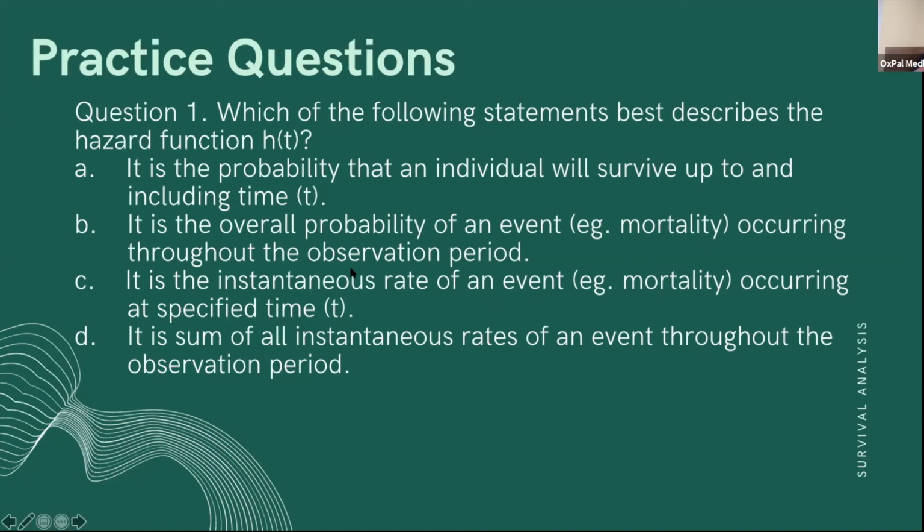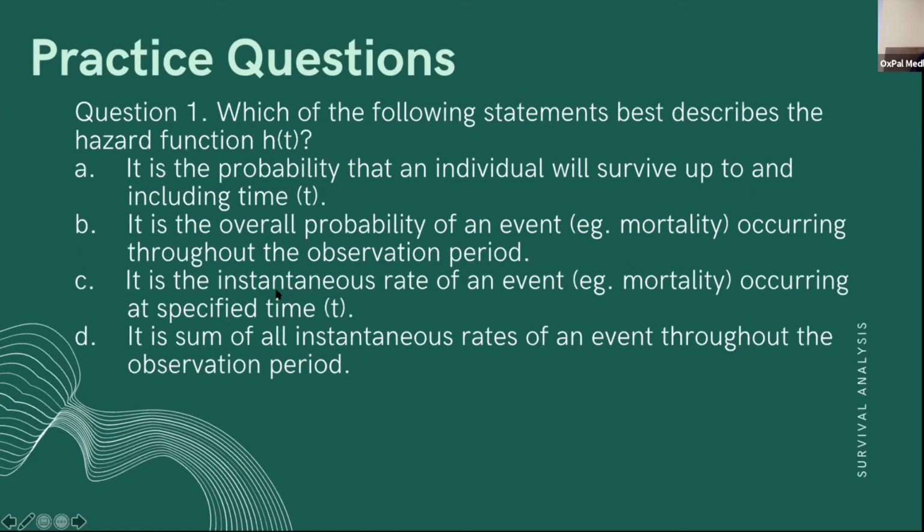It's different from the cumulative hazard. The cumulative hazard here is letter D, the sum of all instantaneous rates of an event. So this is cumulative hazard. And letter A is the survival function, the probability that an individual will survive up to and including time t. Letter B, if it's a probability, can be one of either risk, relative risk, or odds, depending on the statistic that is used.